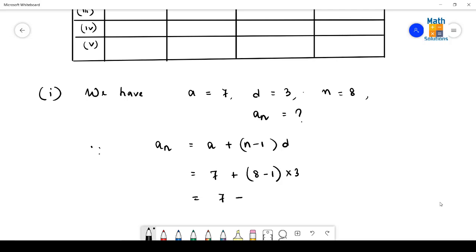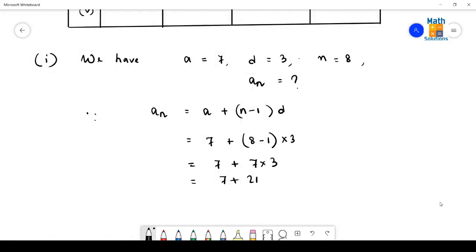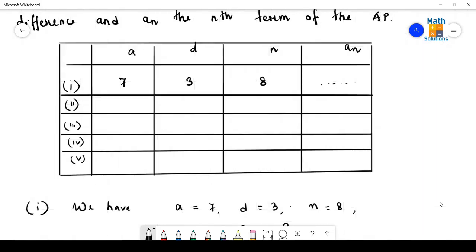The result will be 7 plus 7 into 3, so 7 plus 21. Here the answer comes as 28. So this place can be filled in with the value 28. So in place of a_n, I shall be writing here 28.